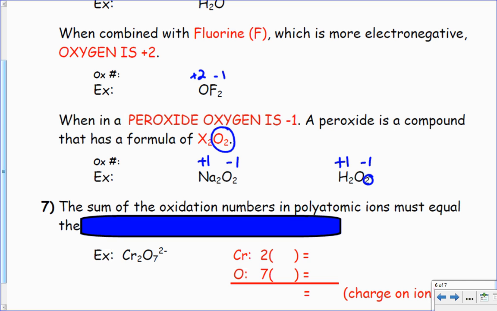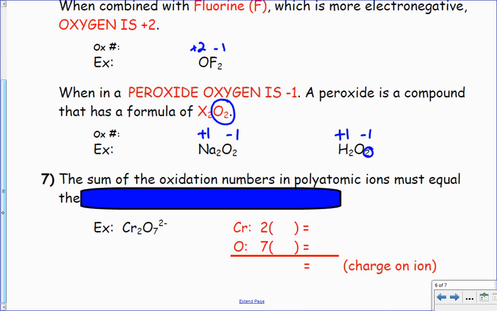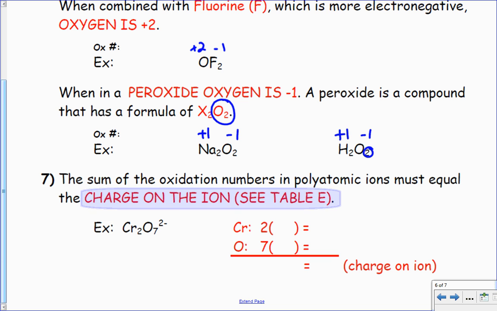Now, this piece, the sum of the oxidation numbers, is actually equal to the charge, on Table E. In this particular example, I notice the overall charge is a -2. Earlier in the notes, it said the charge on a compound is always 0, or the sum of the ions in a compound is always 0. Well, that's because it's an actual compound, not an ion. In this case, it's an ion, so it's going to equal the ion charge.